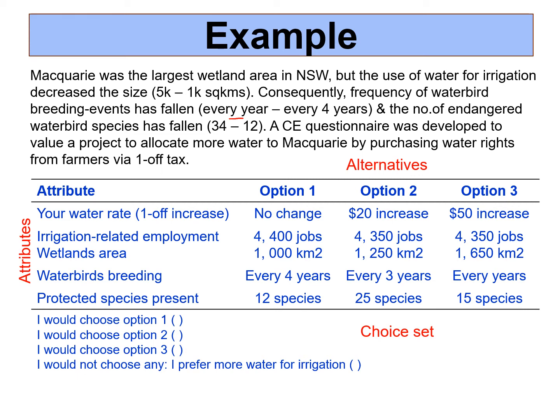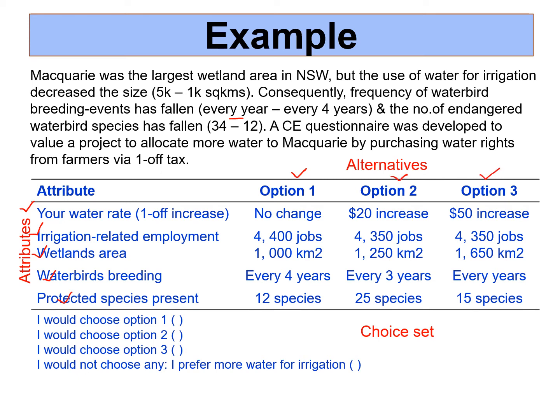Okay, here you can see the attributes. The first attribute is your water rate payment, which is just a one-off payment, and then you have irrigation related employment, wetland area, waterbird breeding, as well as protected species. You are also given a few options. Option 1 is the status quo, then option 2 and option 3.